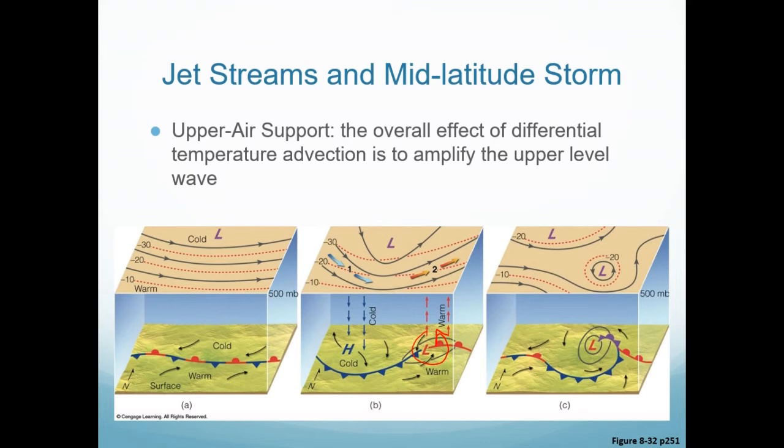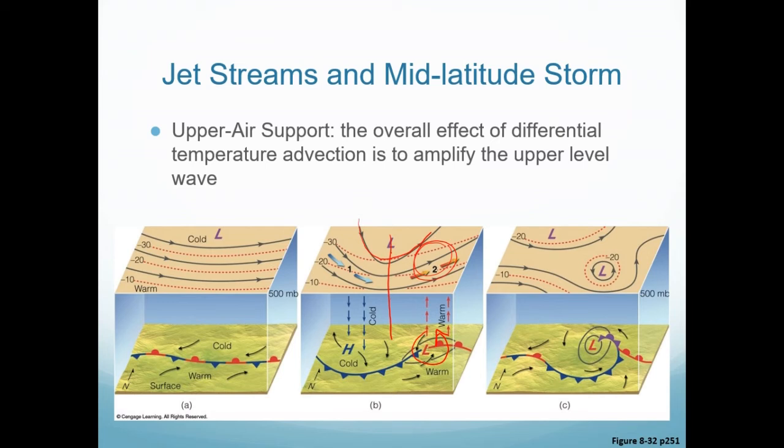Now, if that trough is positioned just a little bit to the left of your low pressure system, then that sets you up for divergence directly above the low pressure system, which means your low pressure is going to strengthen and you're going to get yourself a very strong and powerful mid-latitude cyclone.